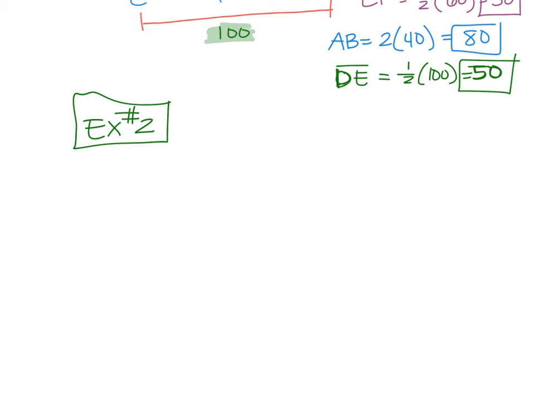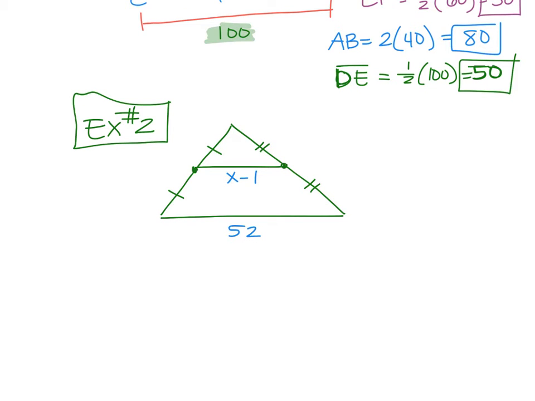This is a fun little adventure with the ruler out. Let's say you have a triangle with a midpoint here and a midpoint here. So this is your midsegment. And I tell you that this is x minus 1 and this is 52.